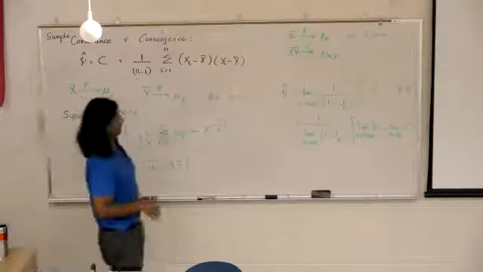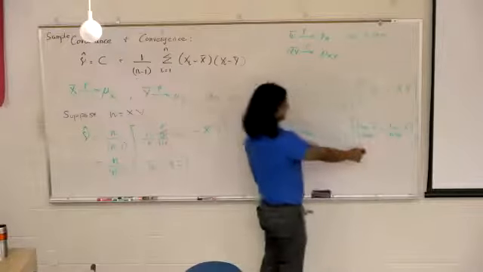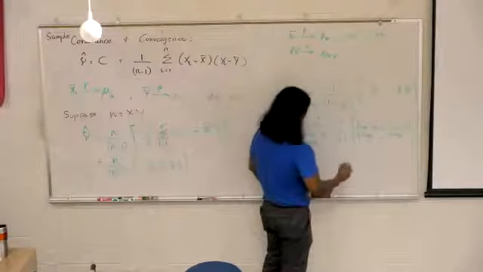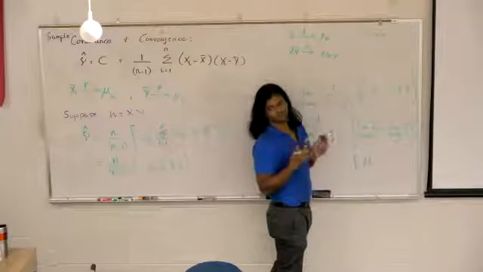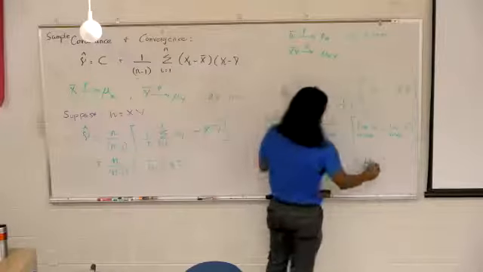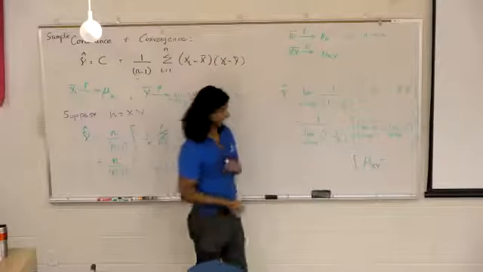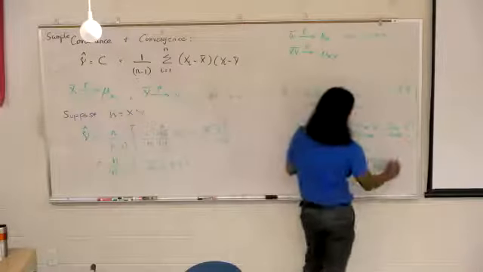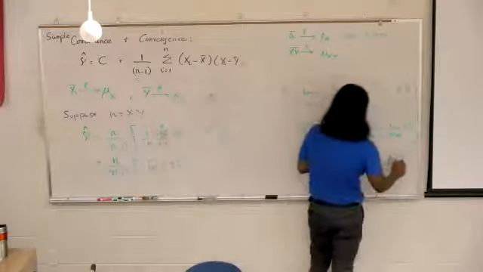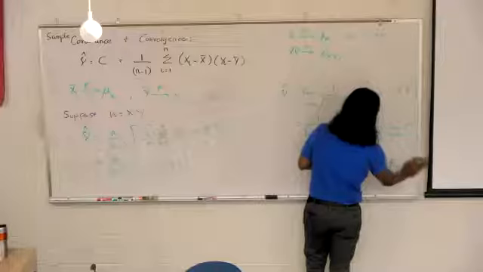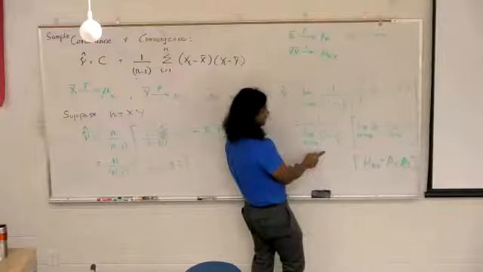What would the limit here approach? Mu w, but if I replace w by xy, it would be mu xy. The limit of x bar would be mu x, the limit of y bar would be mu y, and the limit of that first factor would be 1.